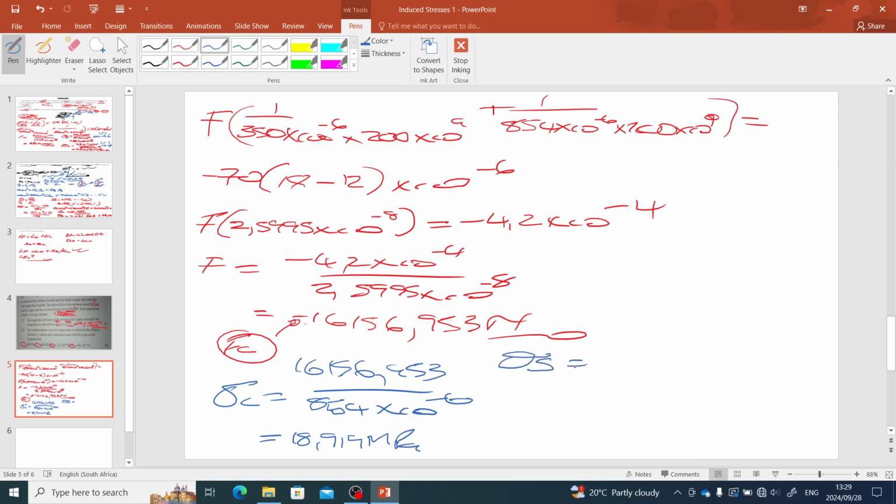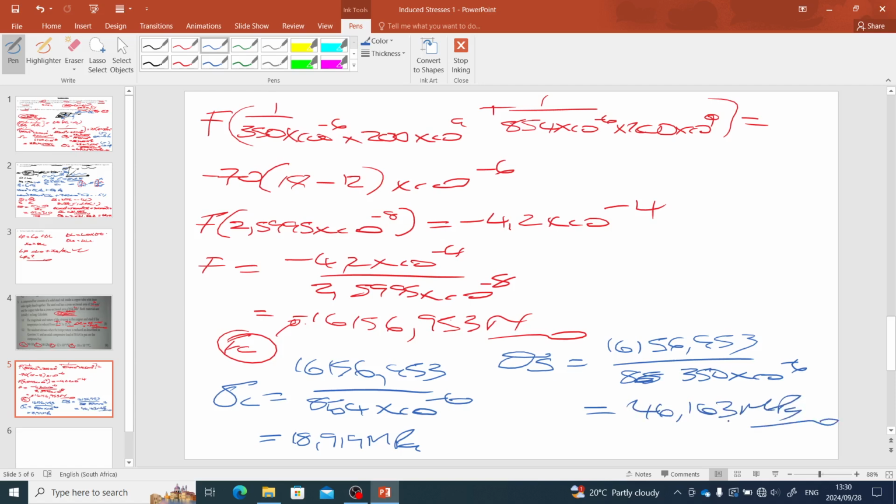Then stress steel equals 16,156.953 divided by 350 times 10 to the power negative 6. Then I get my stress as 46.163 megapascal.